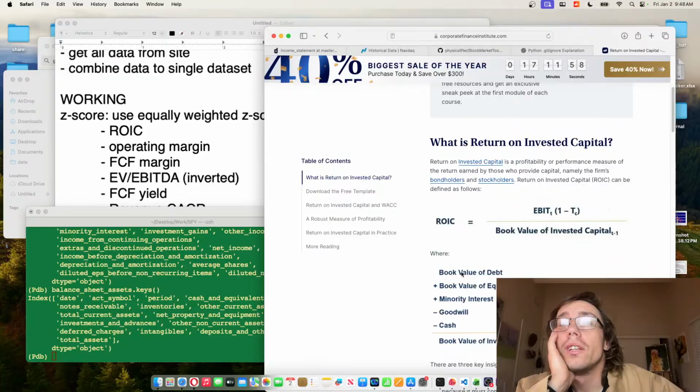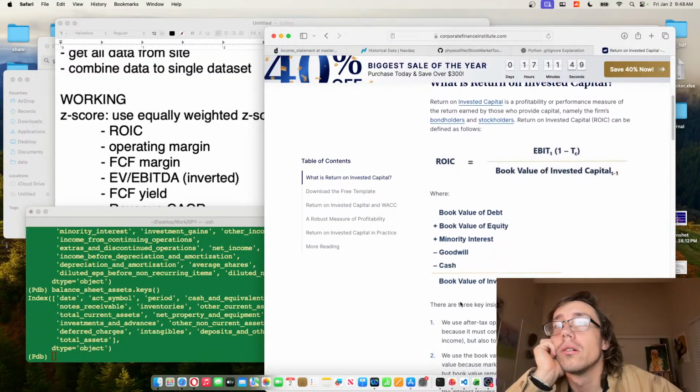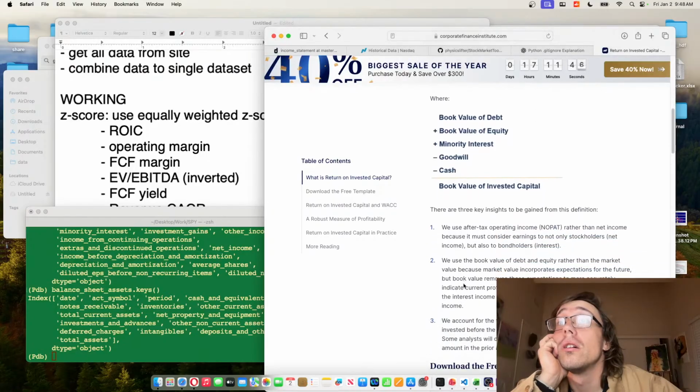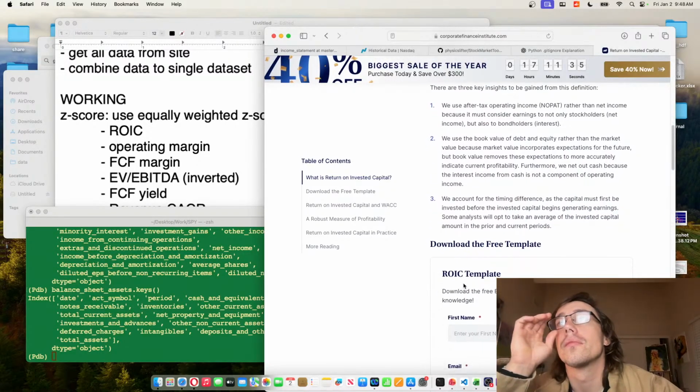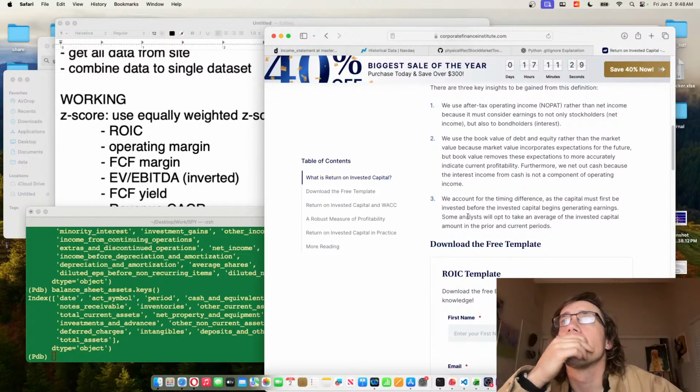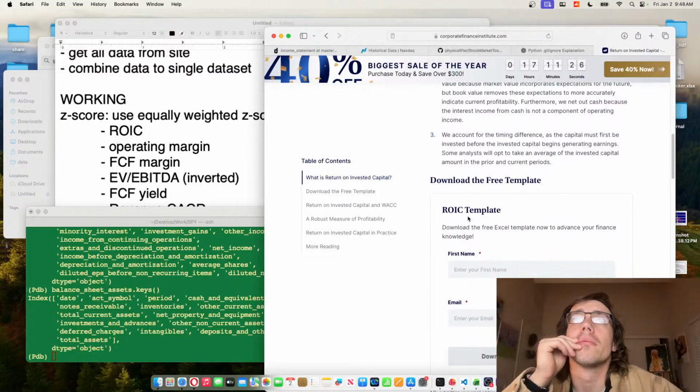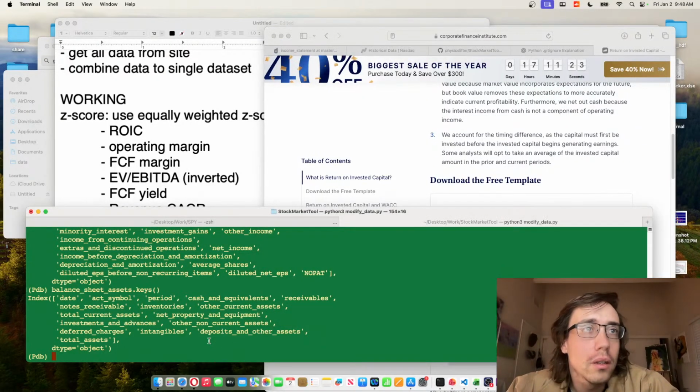So it's the book value of the debt plus the book value of the equity plus minority interest minus goodwill. All right, so debt and equity, inventories, date, ACT symbol.